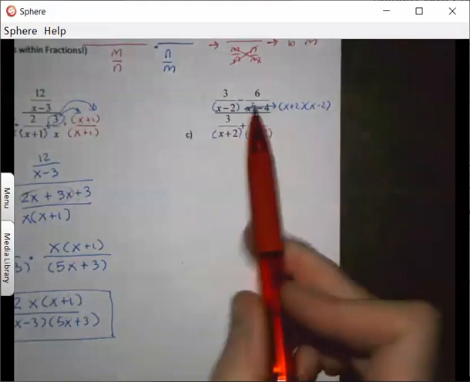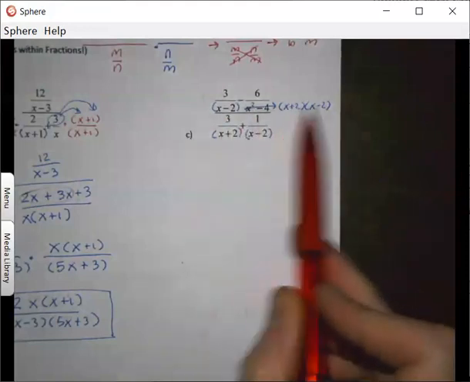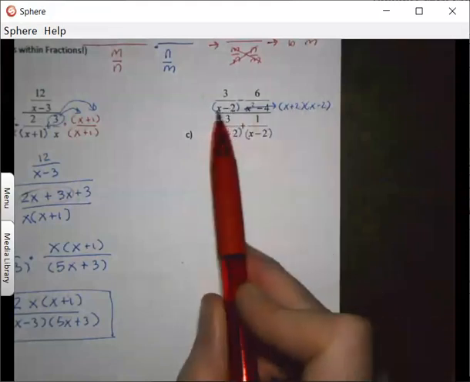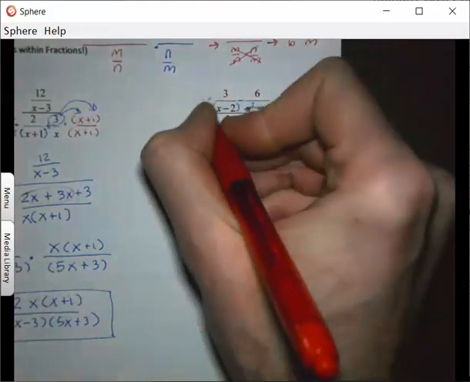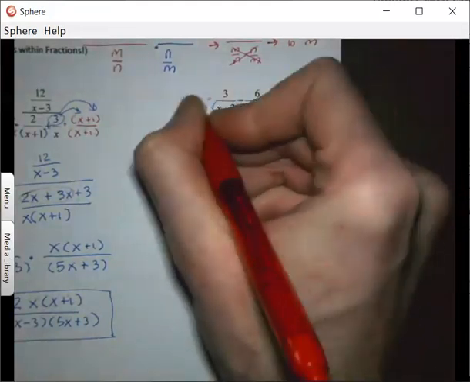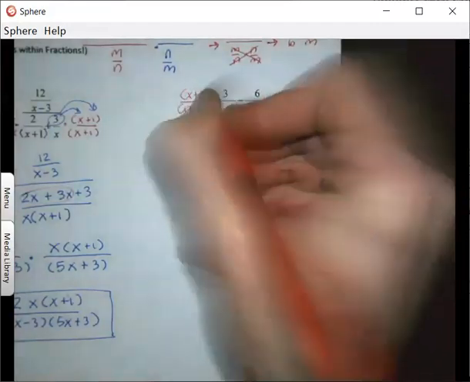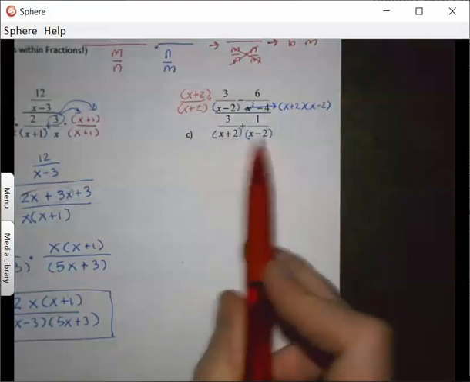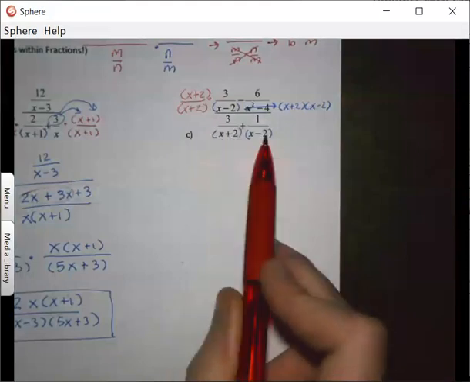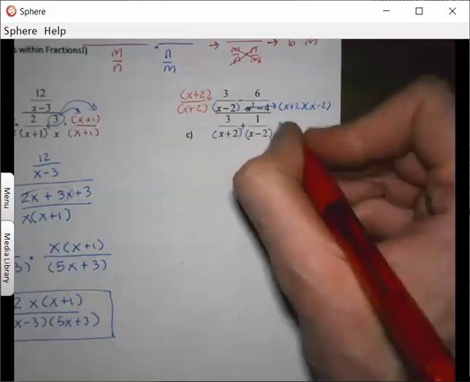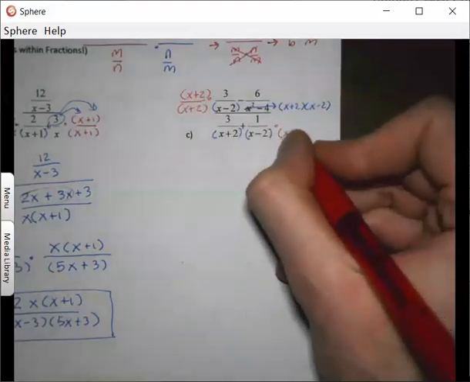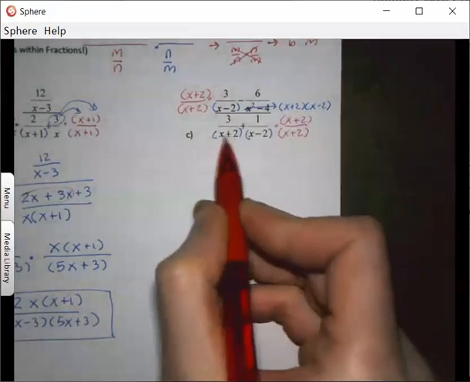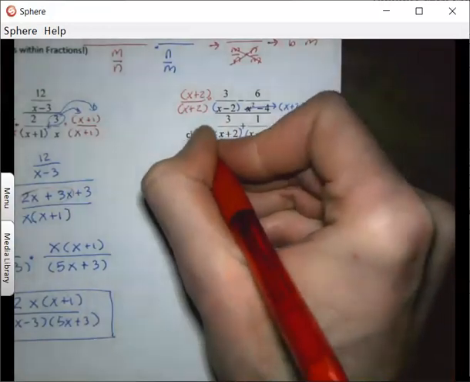So on the top, my factors are x plus 2, x minus 2. This denominator has both. This needs an x plus 2. Now my denominators are the same. Factors on the bottom, x plus 2, x minus 2. So this one needs an x plus 2, and this one needs an x minus 2.